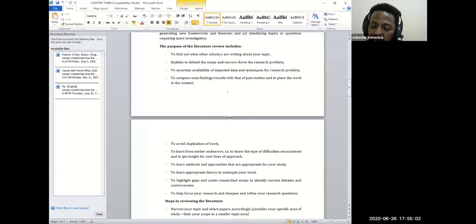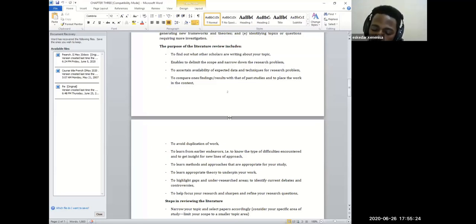Another purpose is that it helps us to learn from earlier works, because these early researchers or scholars faced difficulties while conducting the research. Yeah?